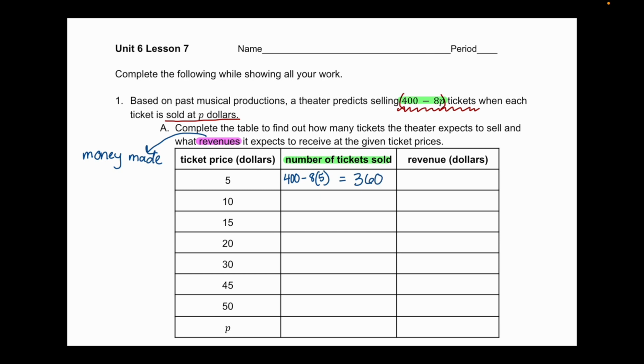I am not going to show where I plug in for every single group of tickets here, but we will show that for the first one so that we can say, hey, I know what I'm doing.